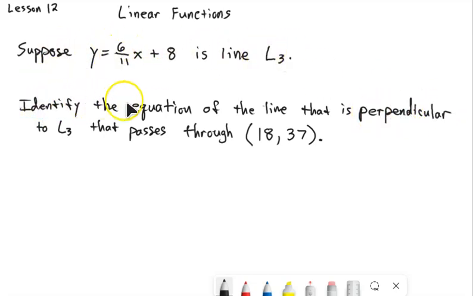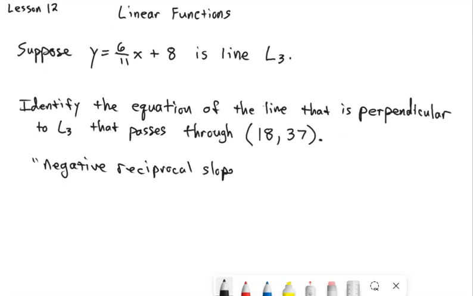It says identify the equation of the line that is perpendicular to L3 that passes through the point 18, 37. Okay, perpendicular means negative reciprocal slope.